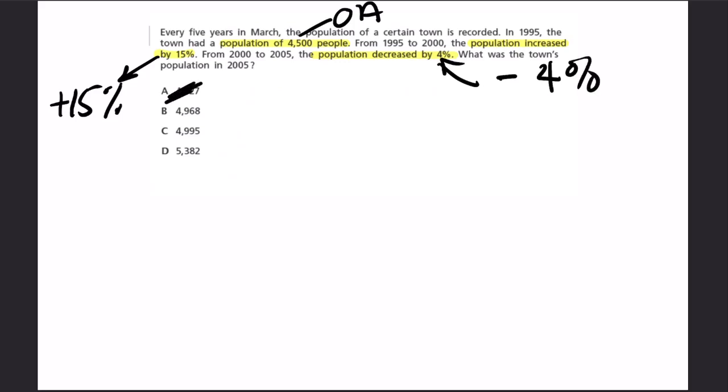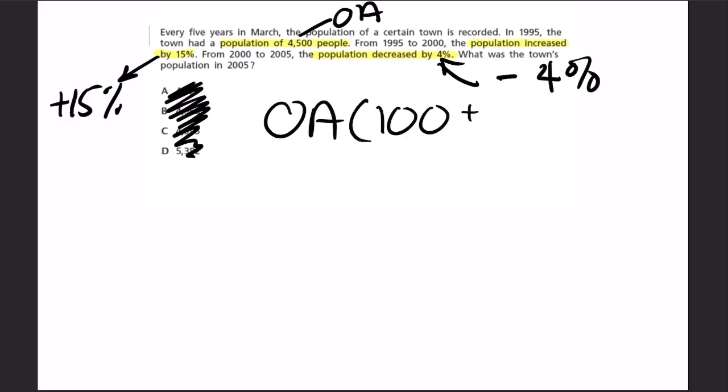Now, we always just cover up our answers. Remember, before we just did our original amount, and it was 100 plus or minus whatever that percent change was. But in this case, we have 2 of them. That's okay. We're still going to be able to do it. It just means we're going to multiply it by another change.